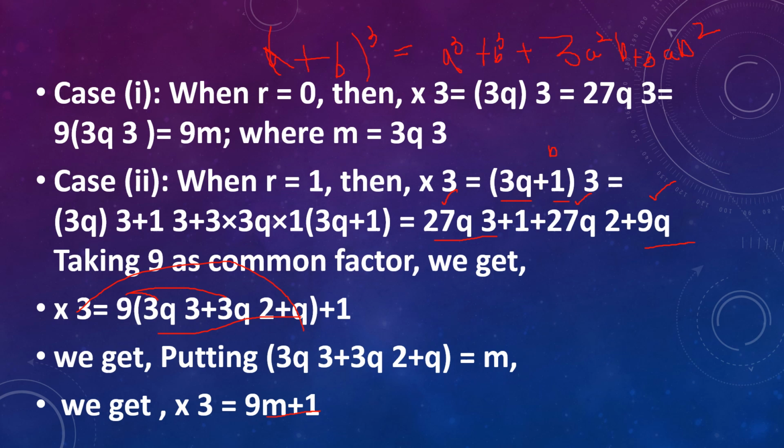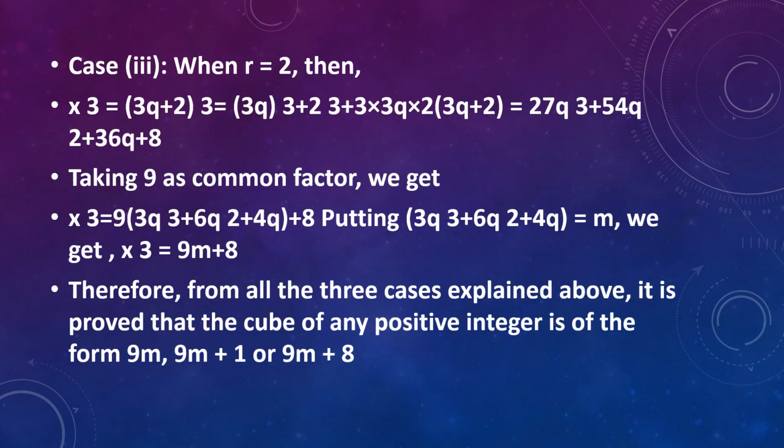Now what will be the case 3 condition, when r equals 2? x cube equals 3q plus 2 the whole cube. Again using the same expansion, what we will be getting is 27q cube plus 3 into a square, 3 into 9q square into 2, which is 54q square.